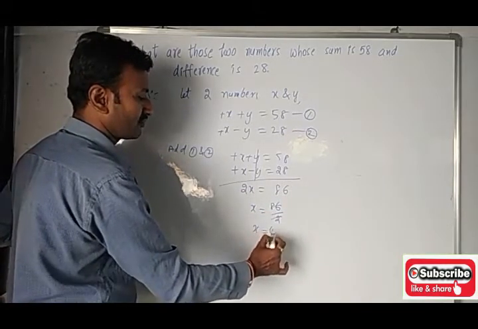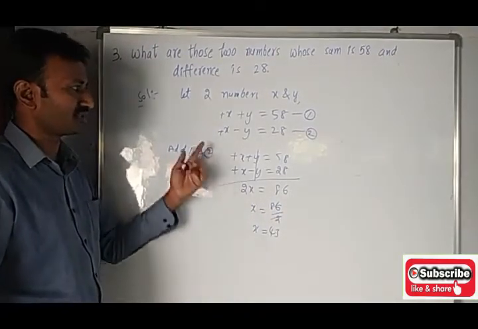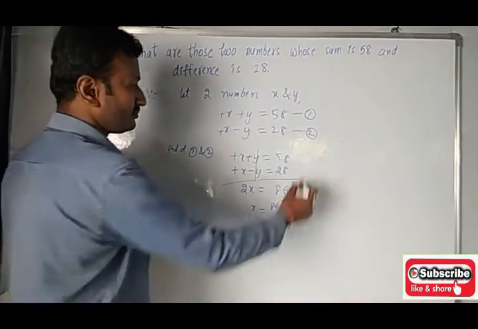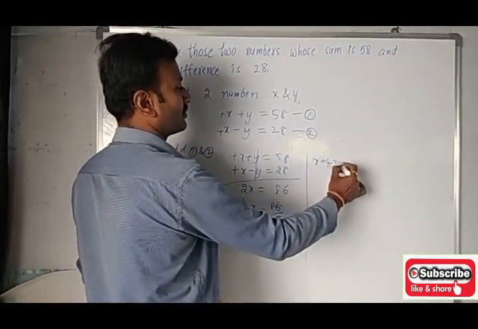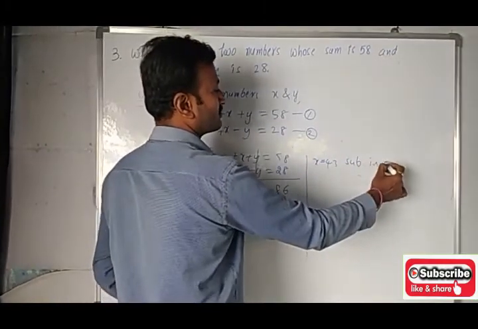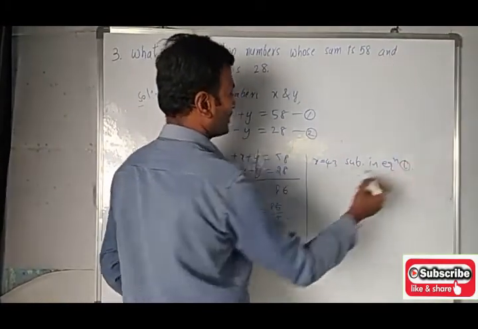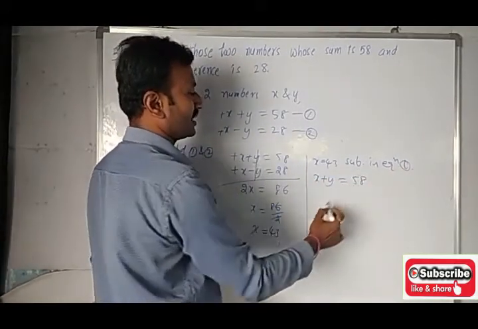X is equal to 43. Now we will find the y, substitute in any equation. X is equal to 43. Substitute in equation 1. Now first of all write equation 1. X plus y is equal to 58.